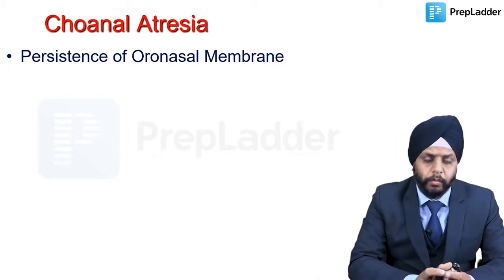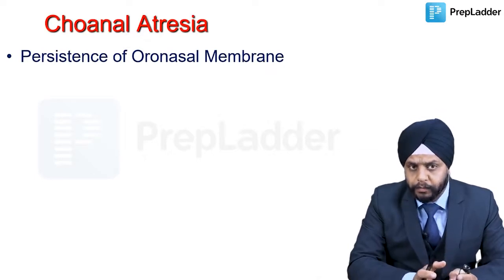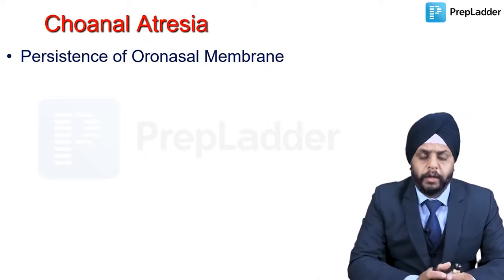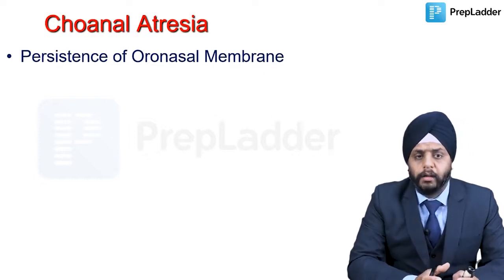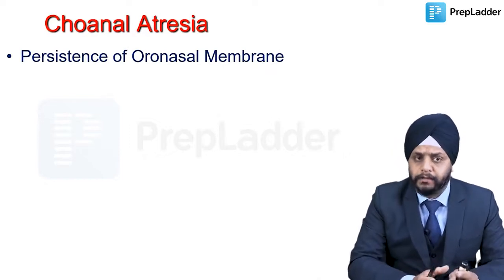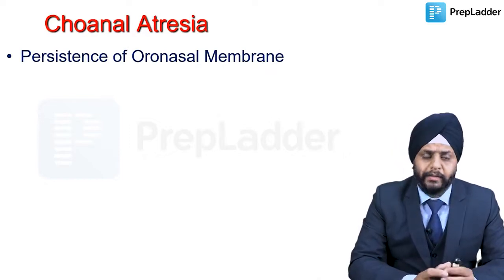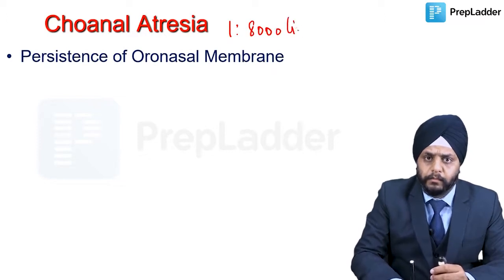Generally, by 7 weeks of intrauterine life, this membrane breaks down and we have formation of the primitive choana, which converts into the definitive choana by 9 weeks when the secondary palate is formed. Now this is an extremely rare condition. It is like one case in 8,000 live births.